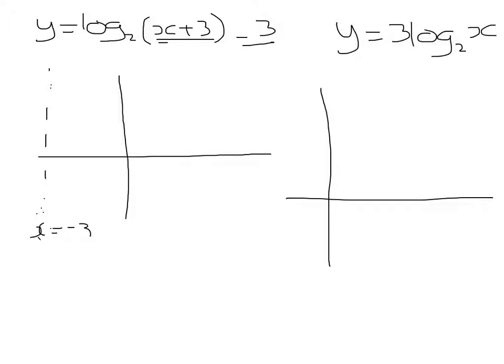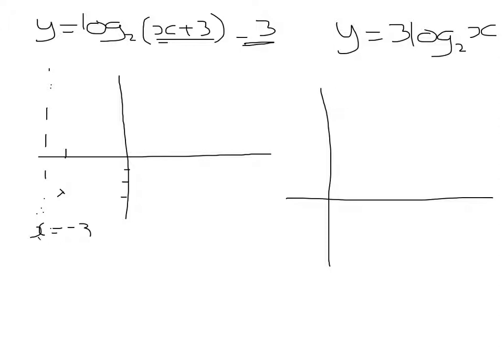And then we've got this minus 3, which means everything moves down by 3. So normally, when you're a distance of 1 away from the asymptote, the y value would be 0. But now, because of the vertical translation, the y value is now going to be negative 3.